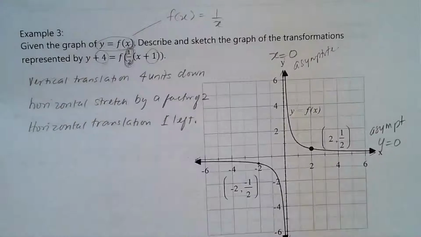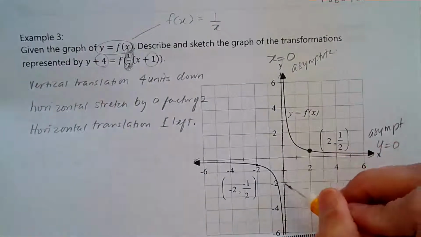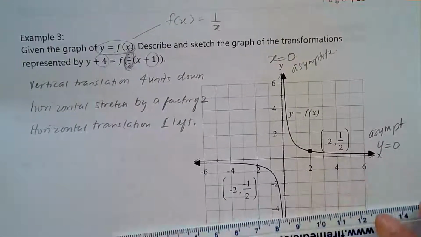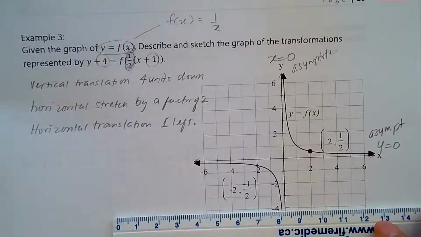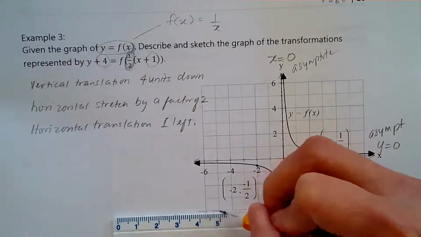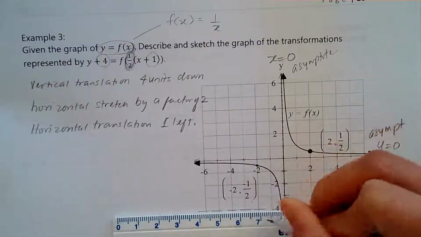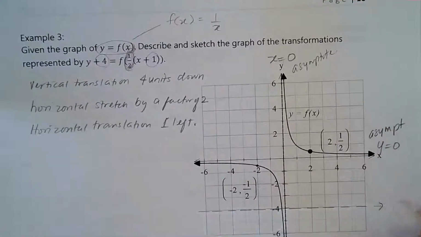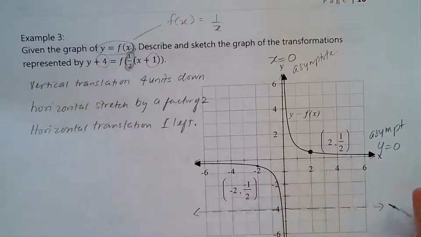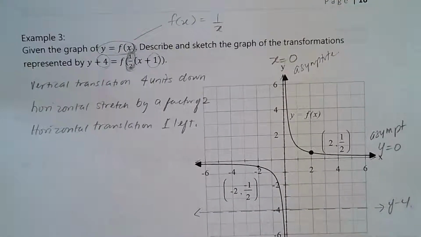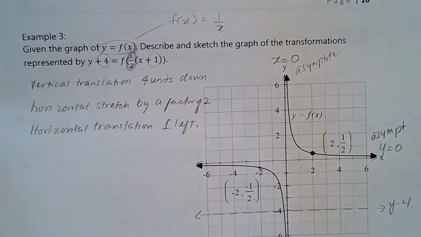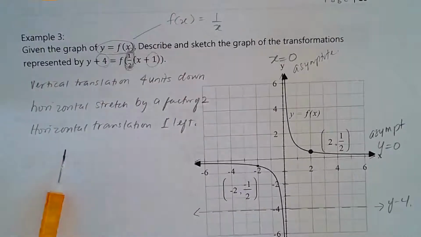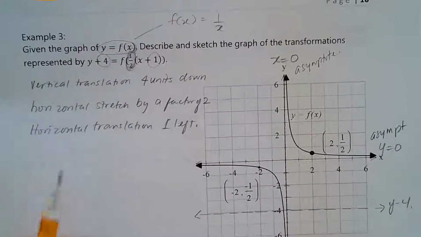So let's do that right now. 1, 2, 3, 4. This is a really nice guide, so you already know where your graph is going to be. Now, a horizontal translation of 1 left.